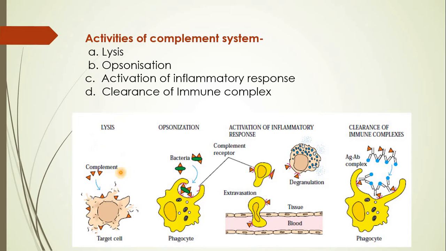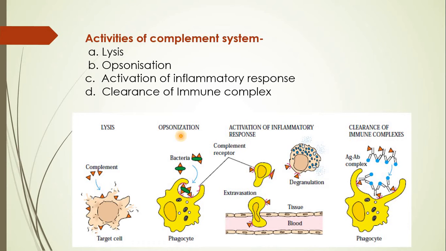Say, for example, if there is a target cell infected by certain bacteria or pathogen, then such an infected target cell, with the help of complement, is abolished or fragmented. This phenomenon of fragmenting the infected cell or the antigen is called lysis or the lytic effect.